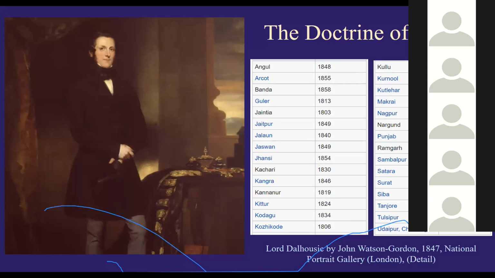This created a certain amount of panic in the Indian rulers, and this was quite interesting because they thought that one of the ways that they could actually show their subservience, their friendliness, their friendship to the British was through striking coins in their name.